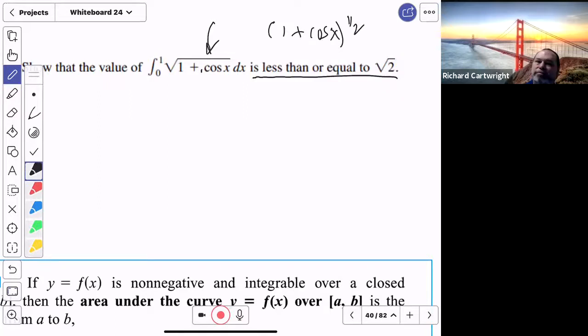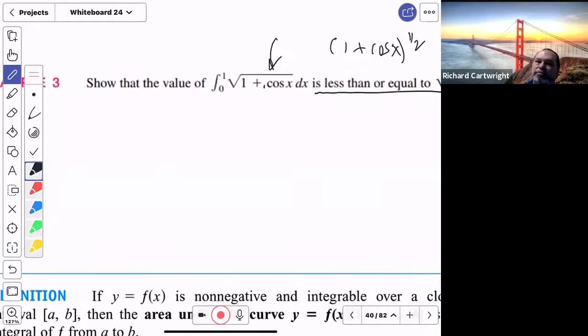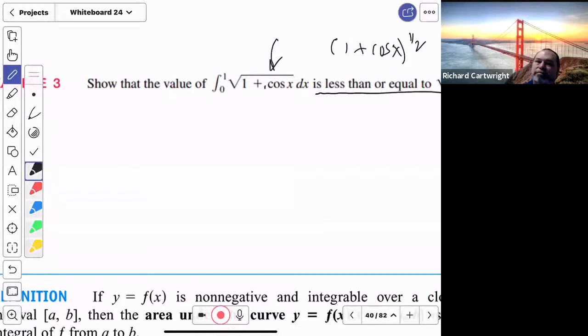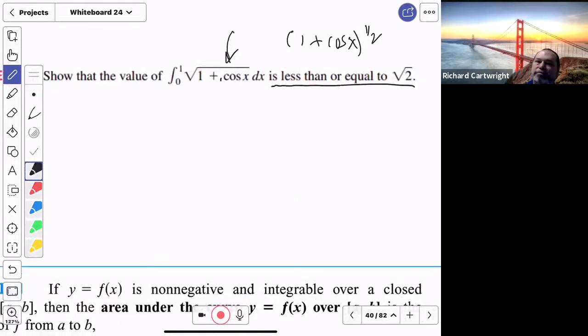Less than. So he's asking for the minimum. So it's less than or equal to the square root of 2. Maybe that's the max. I think he's asking for the max because it could be equal to that. Look at this function and ask yourself, what's the highest value that this could become? You could graph it, or use your calculator and get it.